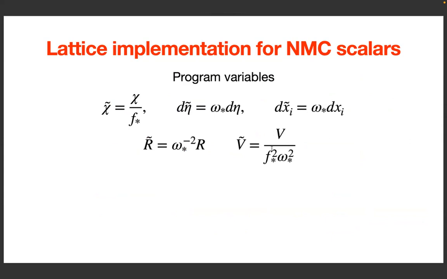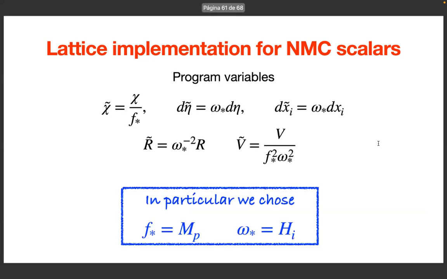In this case, you all know that my potential in program variables is given by this, and I can tell you that the Ricci scalar will be measured in units of omega star squared. For a particular choice we made to study this, we chose to measure the fields in units of the Planck mass and omega star in units of the initial Hubble rate of the system that we are going to simulate. You will see later some results using this choice and why we chose it.